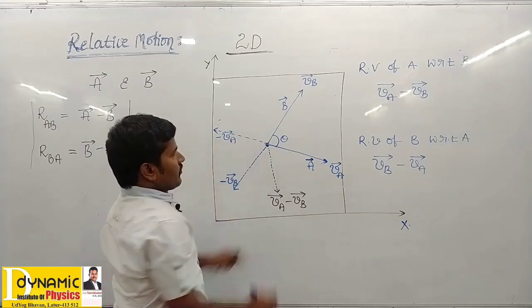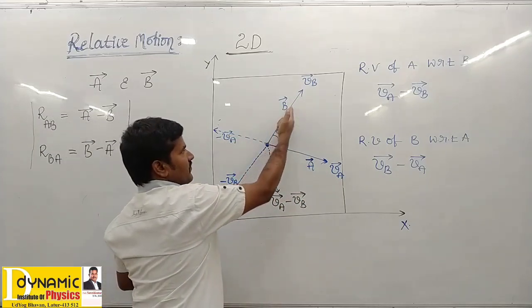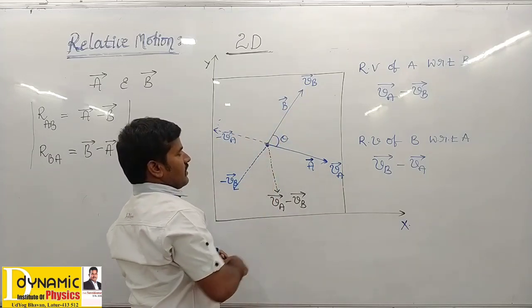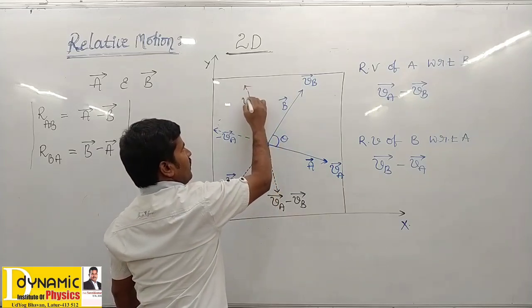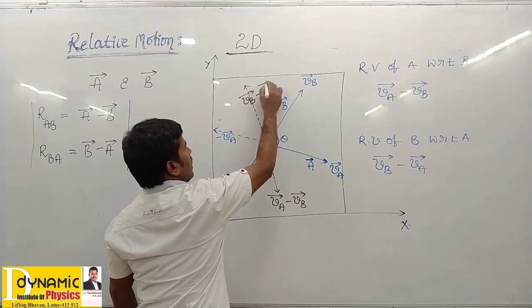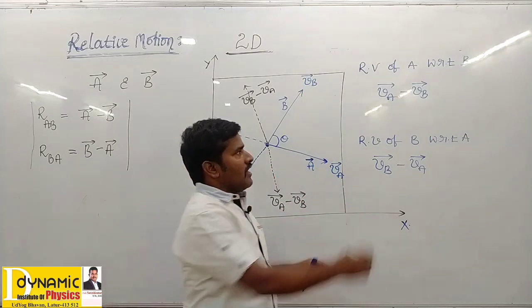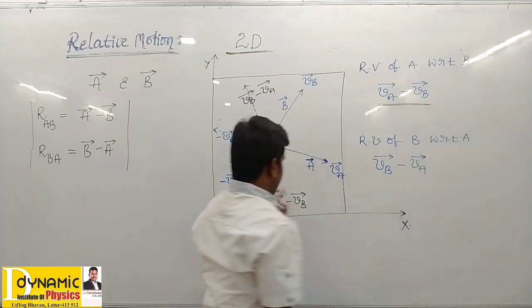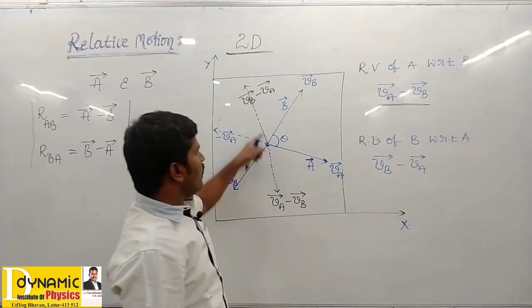VA bar and minus VA bar. The resultant of these two, VB and minus VA, is VB bar minus VA bar. That means these two directions are opposite, 180 degrees. This is VA bar minus VB bar downward, but this is VB bar minus VA bar, opposite direction.